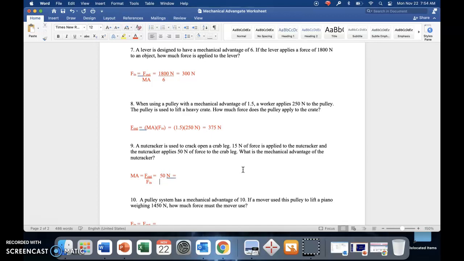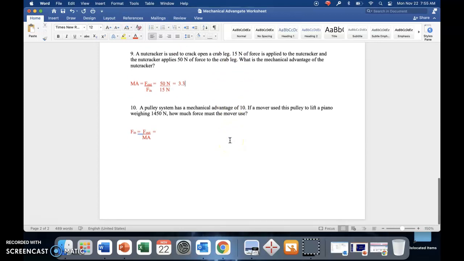If we come down then, how much did we put in? We put in 15 newtons of force for that. So we are simply going to take 50, divide that by 15. And our answer here is 3.33. Since we're going to the tenths, we'll just say it gives us a mechanical advantage of 3.3.